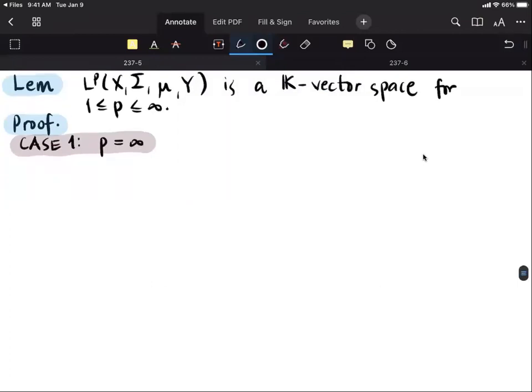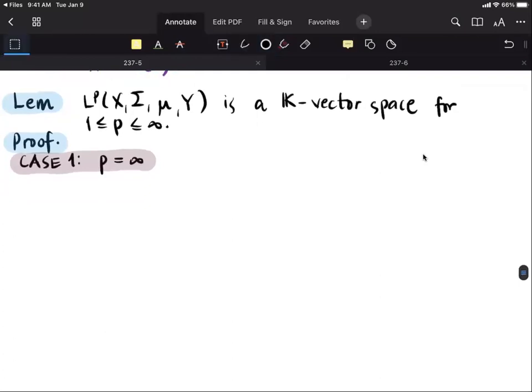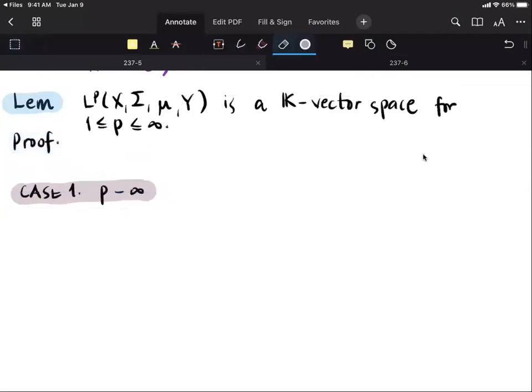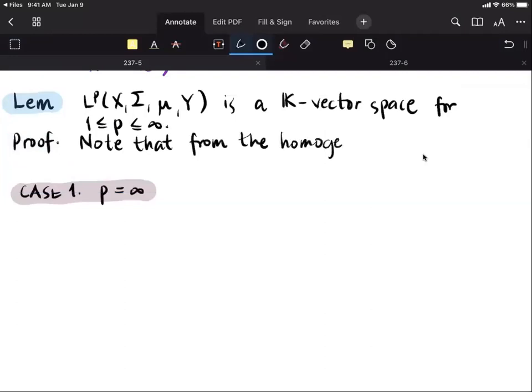But before going to these cases, let us take note that, from the homogeneity, which we have shown already, of this function called p of x, y, again not emphasizing the sigma algebra and the measure, it follows that alpha f is in LP.